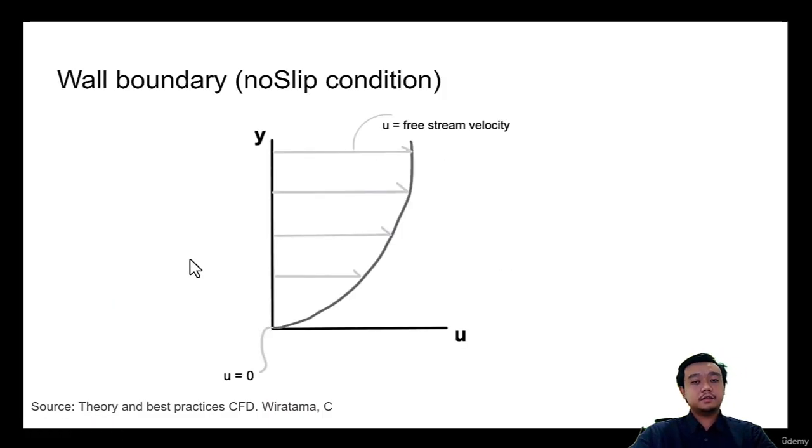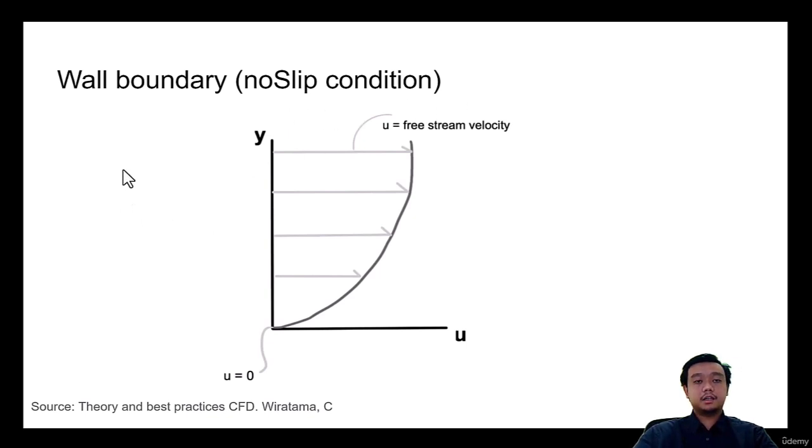Then first we want to discuss the wall boundary condition. For the wall boundary condition, we typically use the no slip condition, which is basically the same as inputting the velocity as 0, 0 and 0 in the x, y, z directions.